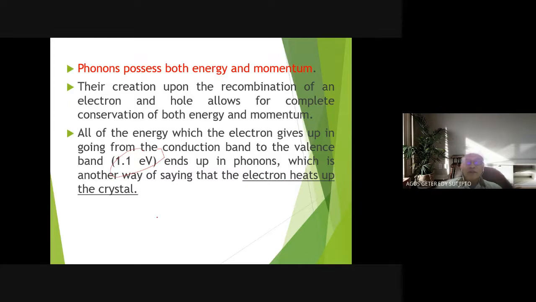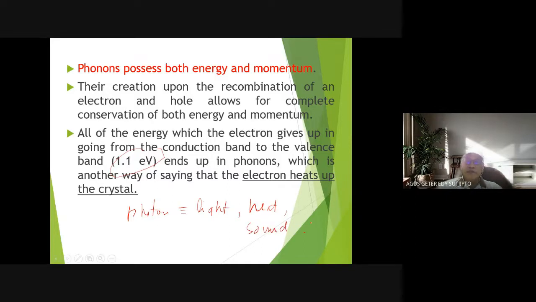So just now, the photon can be in the form of light, in the form of heat, or can be sound as well.